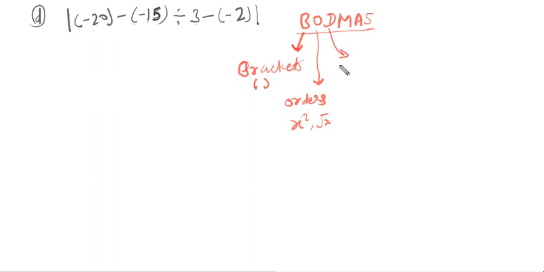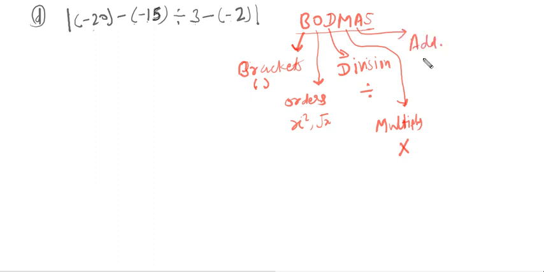D represents division. M represents multiplication. A represents addition, and S represents subtraction, right?